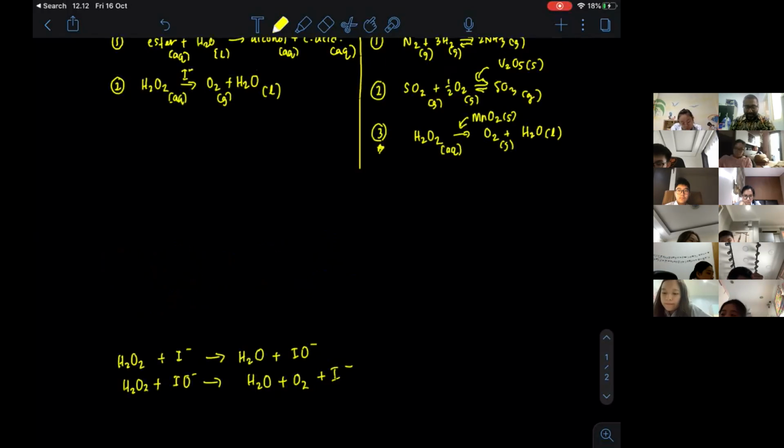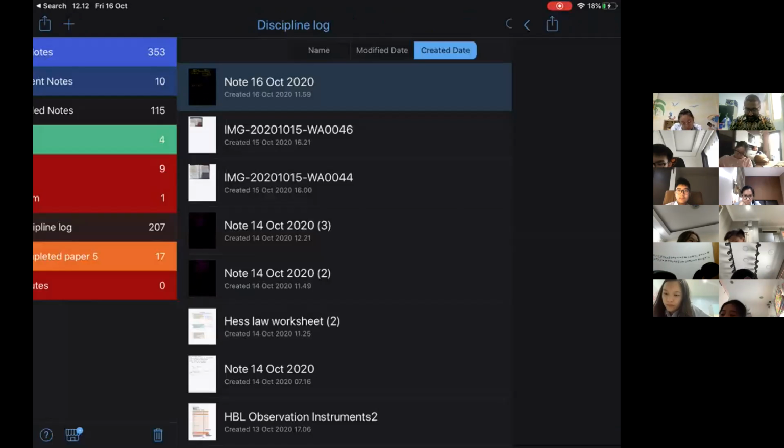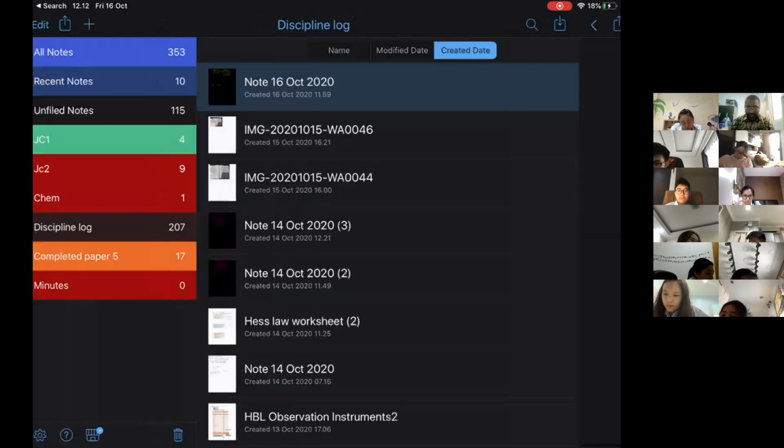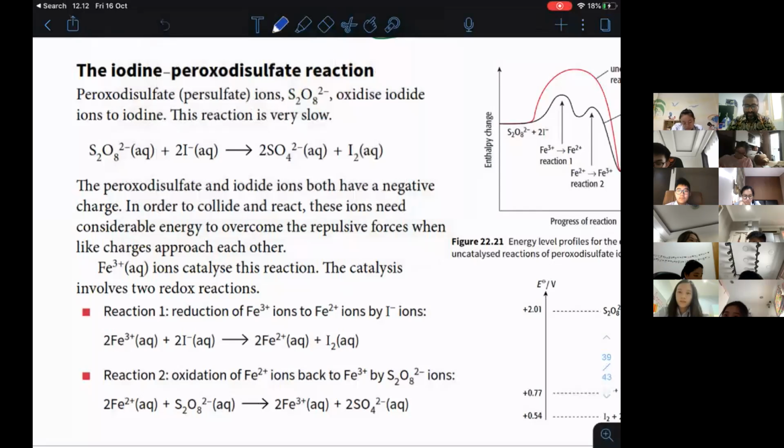So coming back to our lesson again. If you keep on going, for example, now if you have the iodide peroxydisulfate reaction, this one is called persulfate ions.